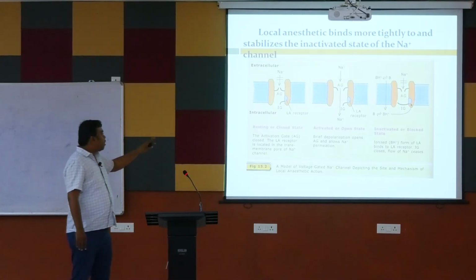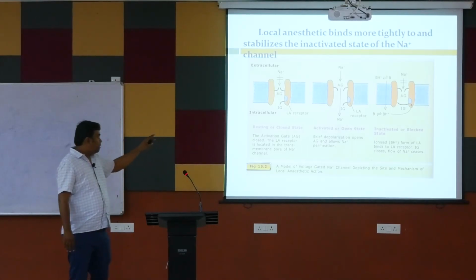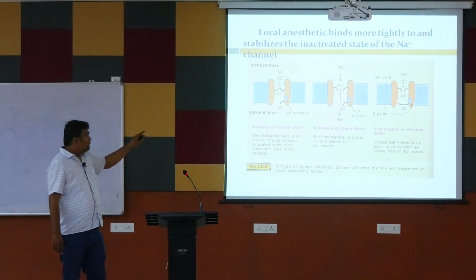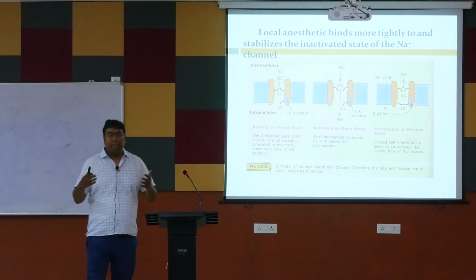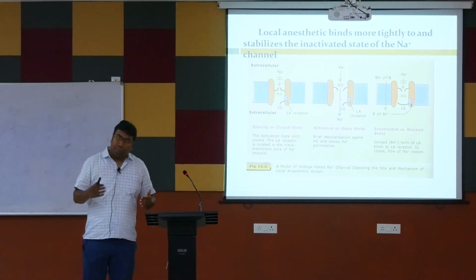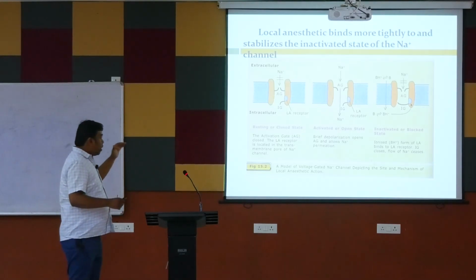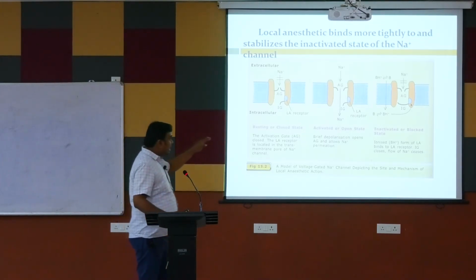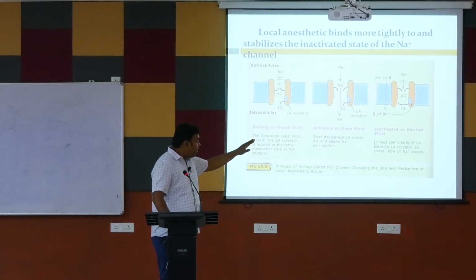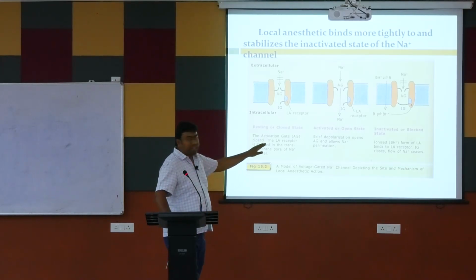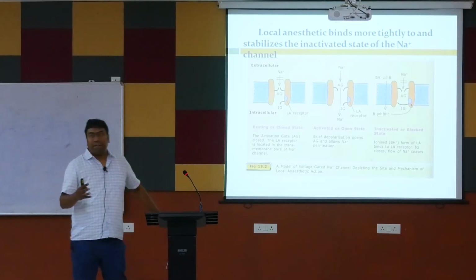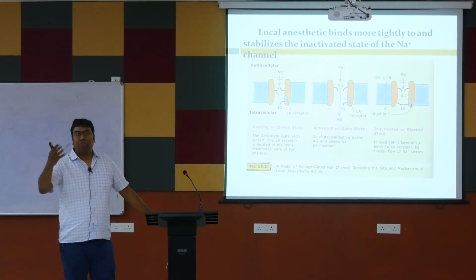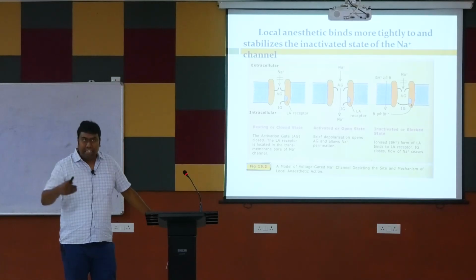So in the case of resting or closed state, the activation gate is closed, whereas the inactivation gate is open. Local anesthetic binds with the inactivation gate and keeps it in an inactive, blocked state. So even when the activation gate is open, a lesser amount of sodium comes inside the axon.